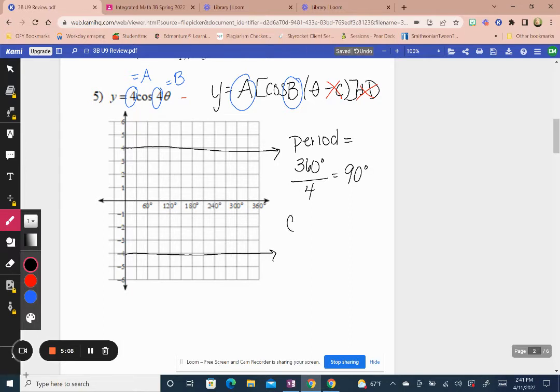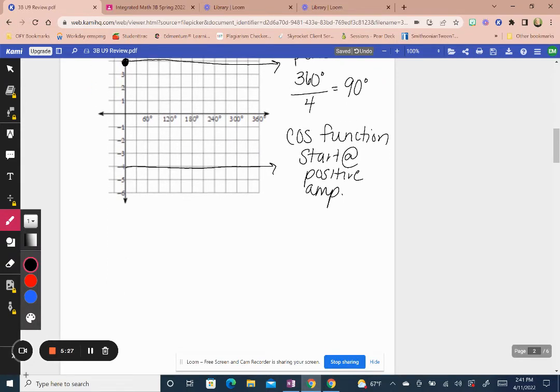With the cosine function, you're going to start at positive amplitude. So at 0, it's going to be 4. Okay? So your first point is going to be 0, 4, okay?